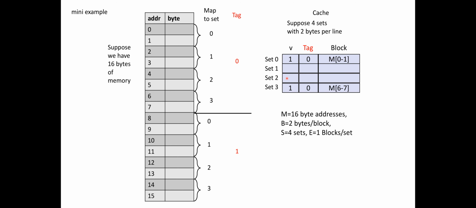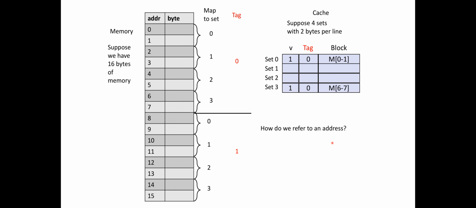And there's only one line per set, you see here. So 16 bytes of memory, only 2 bytes in a block, and a total of 4 sets. And then our E equals 1, or direct mapped caching.